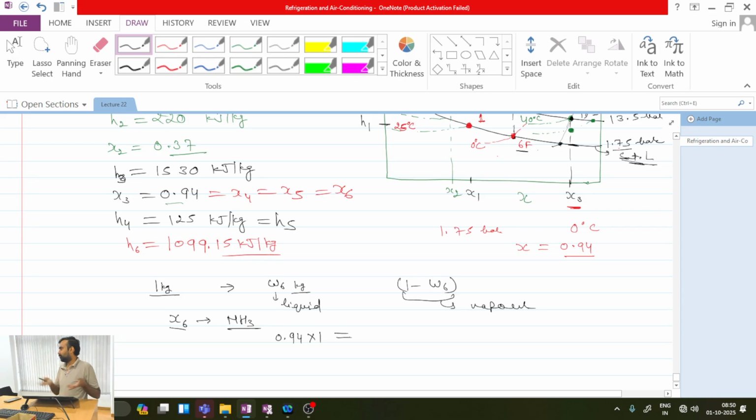In this ammonia, some ammonia will be in the liquid state, some in the vapor state. How much ammonia will be in liquid state? W6 into something plus 1 minus W6 into something.